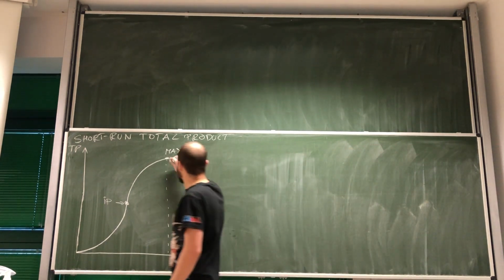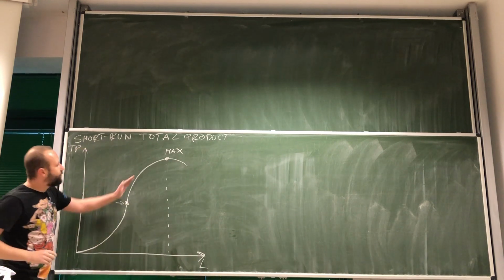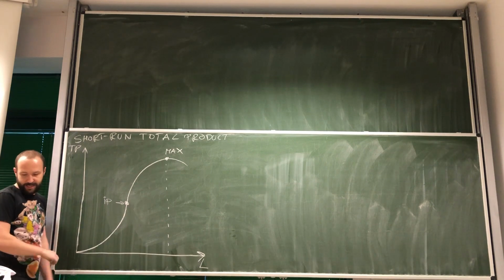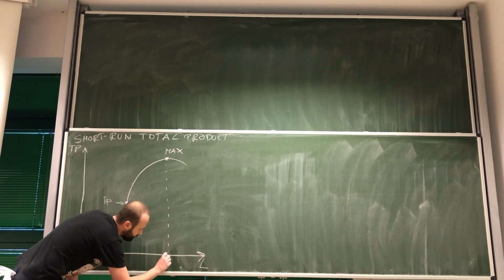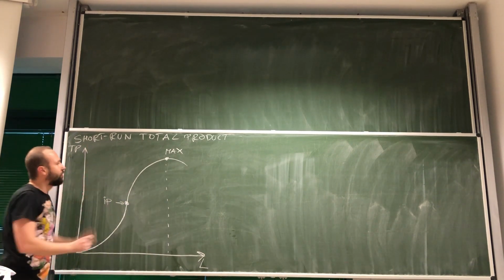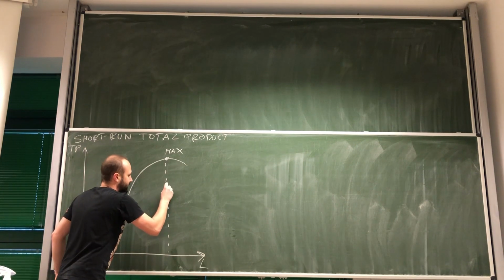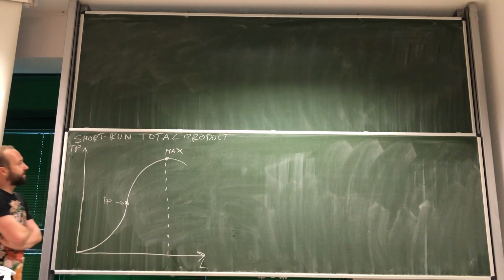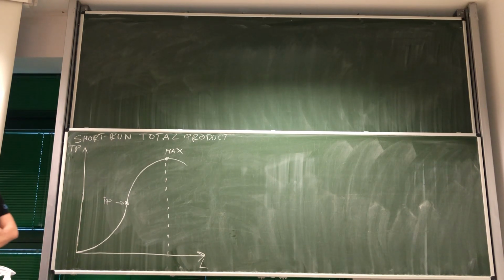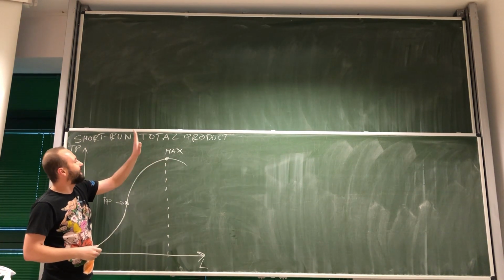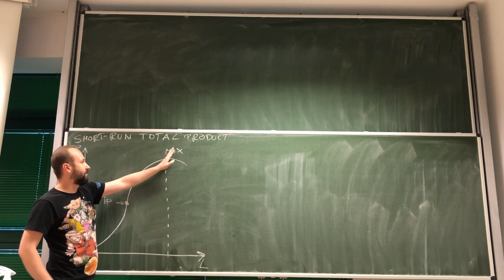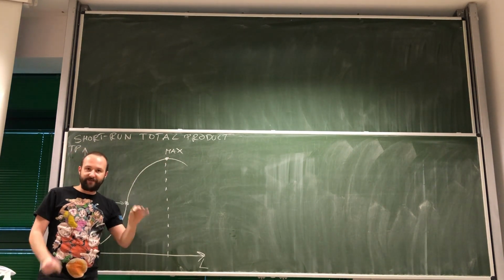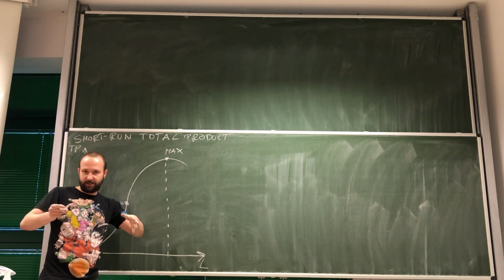Now, at some point, we get a number of workers, let's not name it at this moment, we will do it later, who achieve the maximum level of production this company can attain, given the amount of capital, of course.